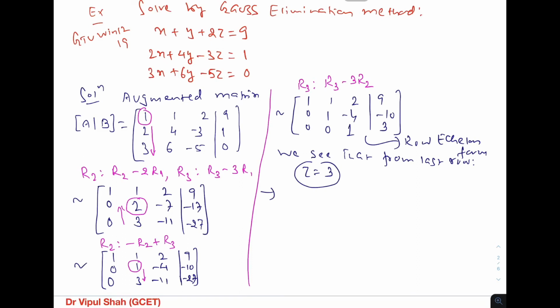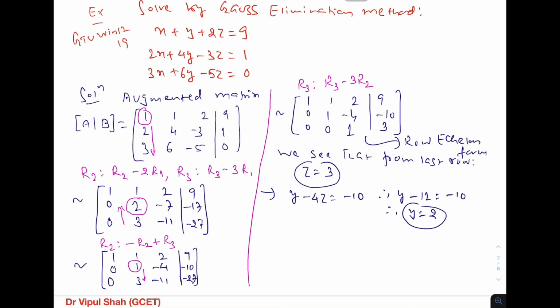Now from the second row it is y minus 4z equal to minus 10, and now we plug in this value here. So y minus 12 equal to minus 10, and therefore y equal to 2.